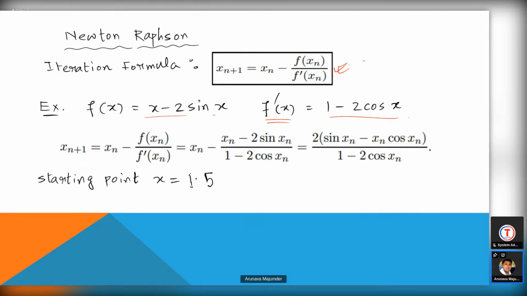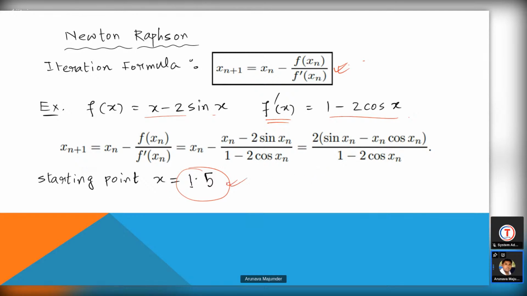And here our starting point is 1.5. Similarly here also, you cannot choose any point; here we choose 1.5. If you choose any other point, the iteration method may be divergent. You cannot get the value or cannot get the solution.